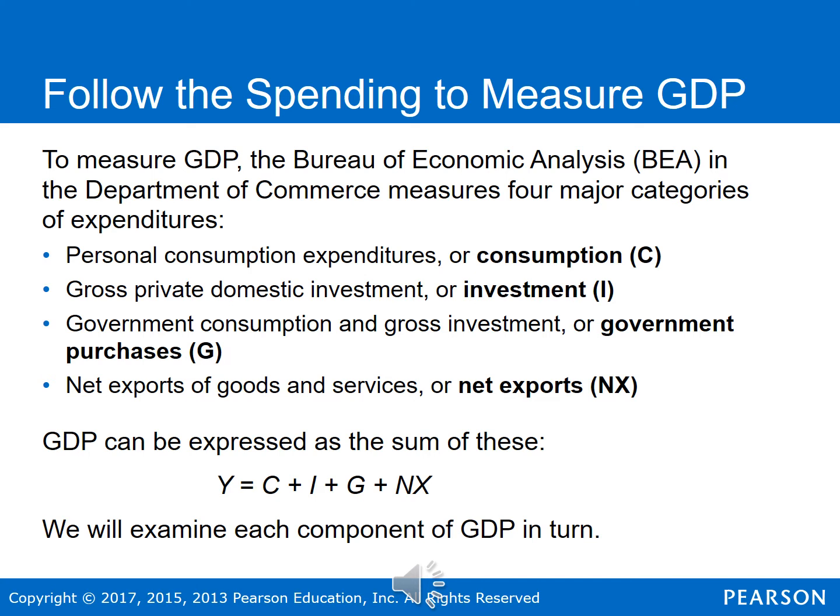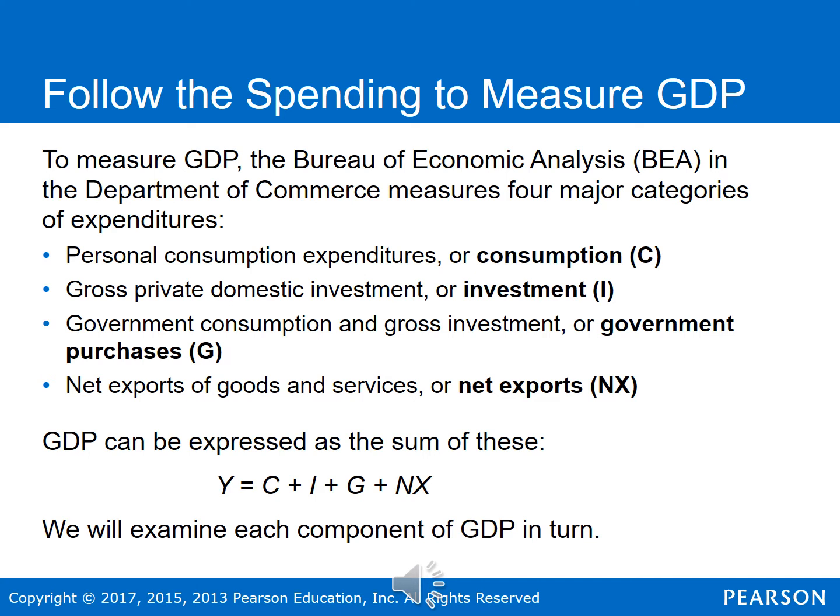The first is personal consumption expenditures, which we label consumption, or represent with the letter C. Then there's gross private domestic investment, which we call investment, or I. There's government consumption and gross investment, or government purchases, which we label G. And there's net exports of goods and services, which we call net exports and label NX.